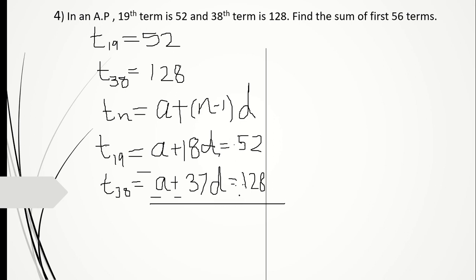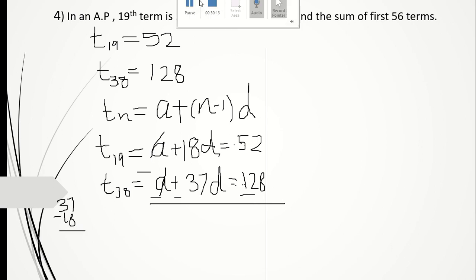Minus, minus, this will also become minus. So a minus a will cut, and here 37 minus 18 is 19.